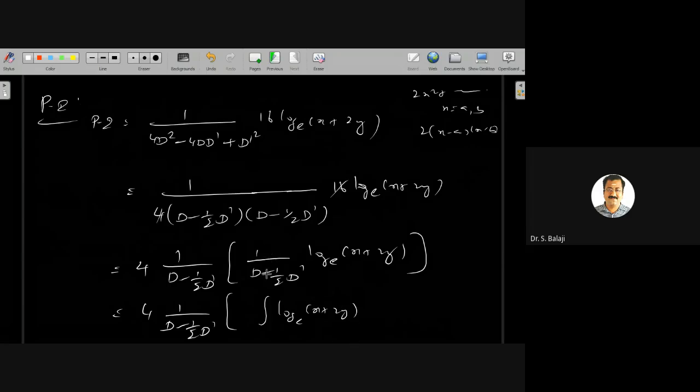Now for this factor operate integral with respect to x, but before that you have to change y as a minus half x form, dx. Up to this, okay, right?